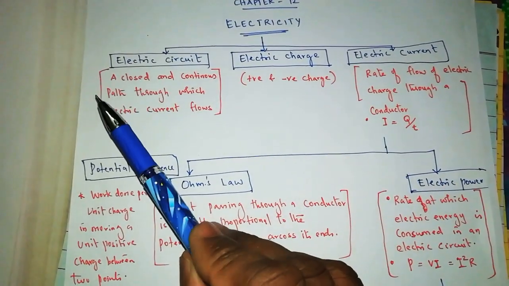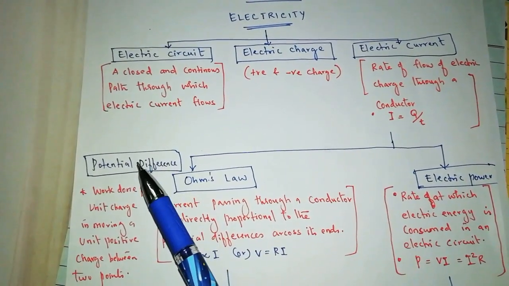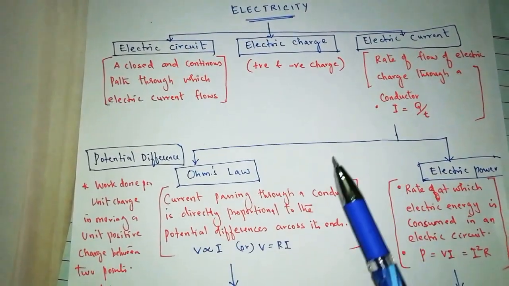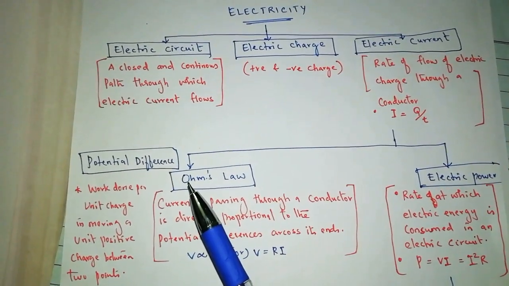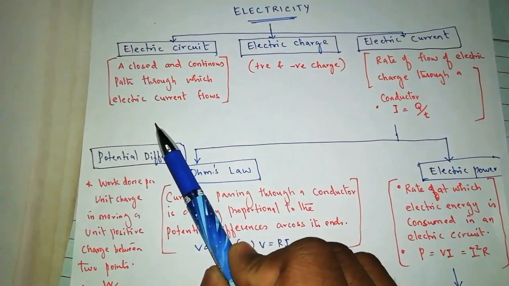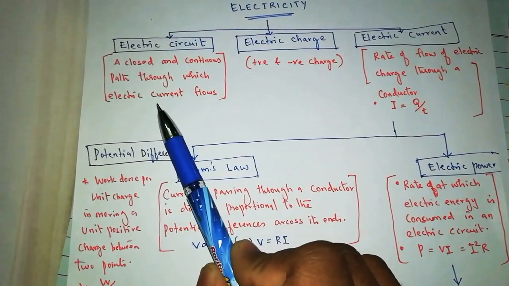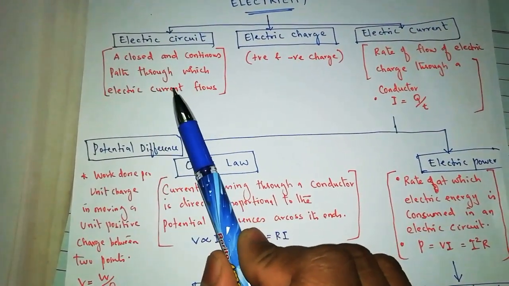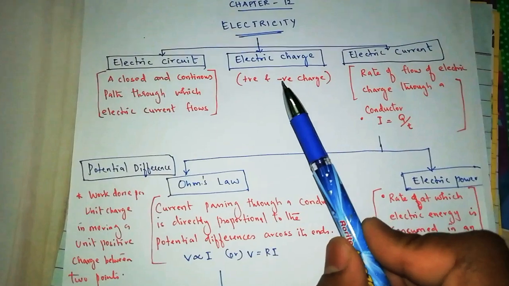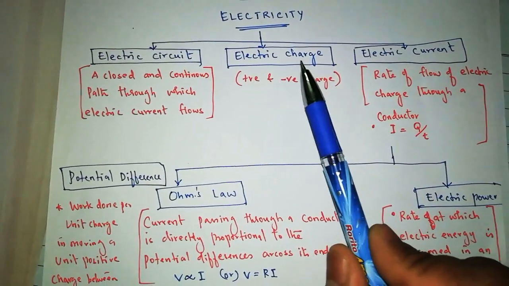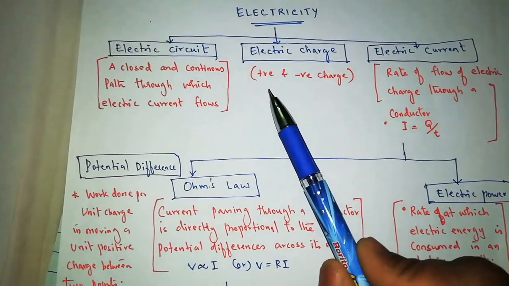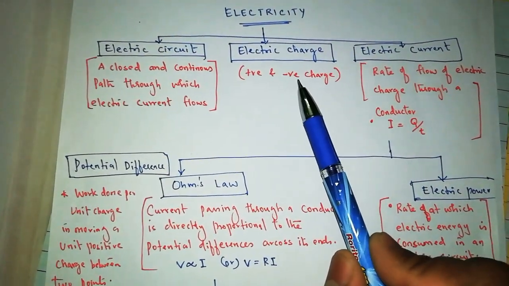An electric circuit is a closed and continuous pathway through which electric current flows, right? In 8th standard you may have experience drawing these electric circuits. And with electric charge, we are going to learn two different types of charges, and we already know them: positive and negative charges.